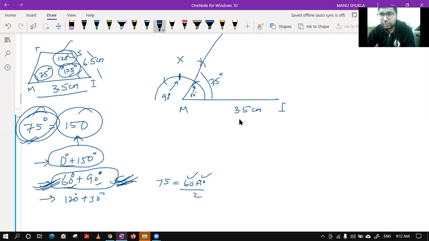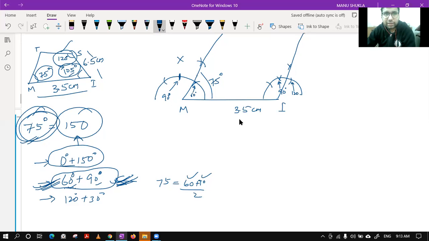Similarly, you will go for this 105 degree. Same case, you will just draw this 60 degree, 120 degree, and this will be your 90 degree. This time you will bisect 90 and 120 and you will obtain your angle like this.